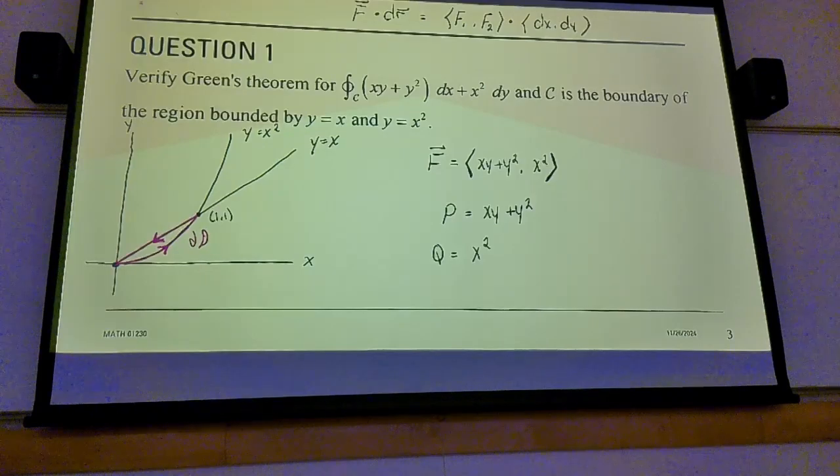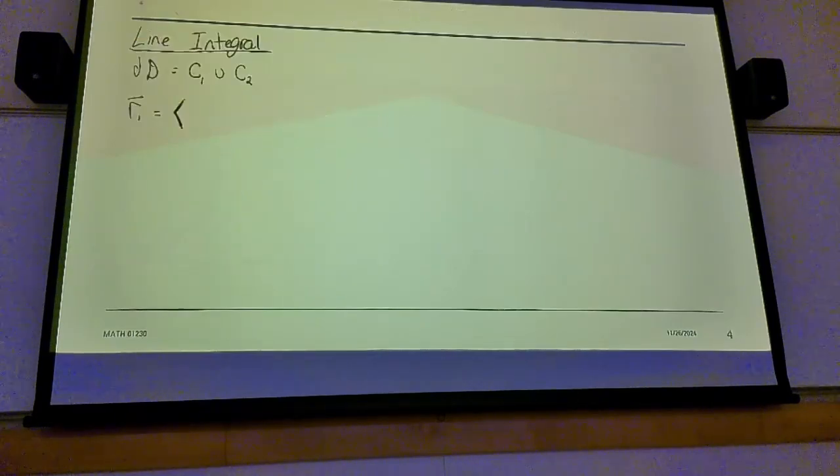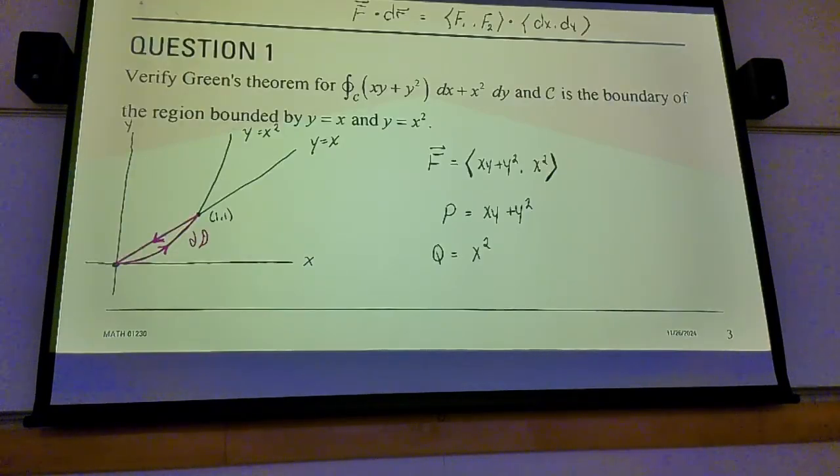So r of t equals t and t squared, and it goes from 0 to 1. Parameterize that second path. t from 0 to 1.